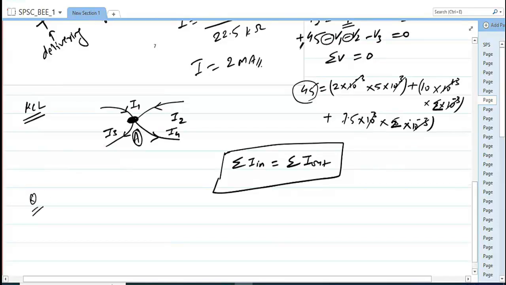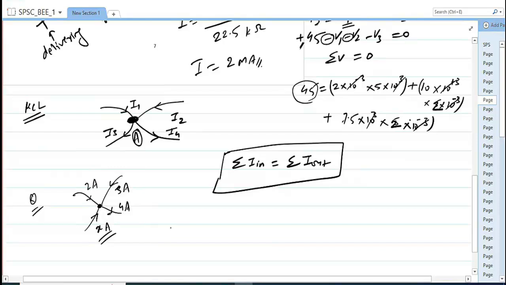If I am giving you a very simple question, let's say, find the current. There are 2 ampere, 3 ampere, 4 ampere, and x ampere. What will be the value of x? So simple, you can solve this problem by KCL.